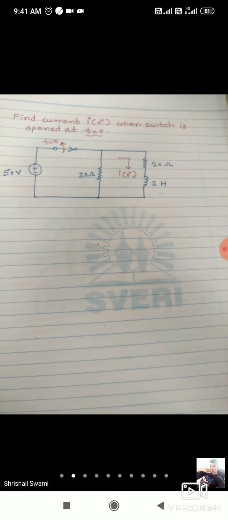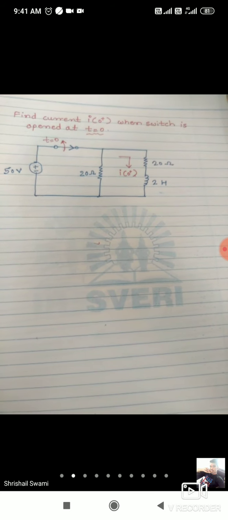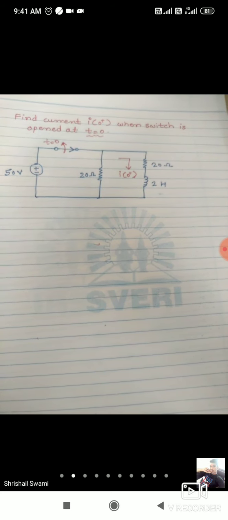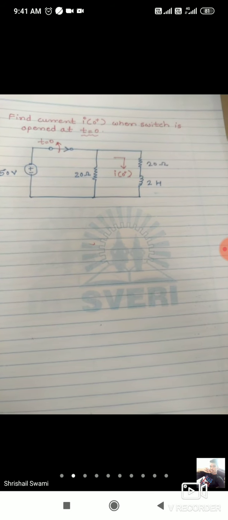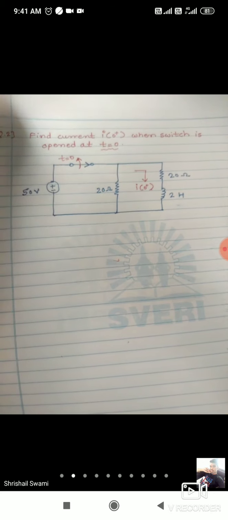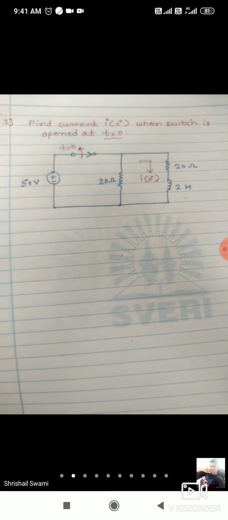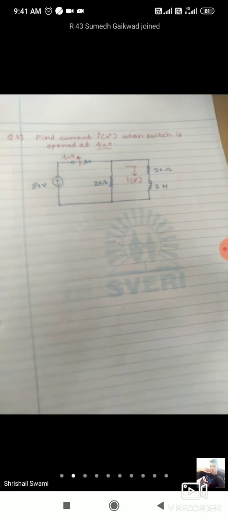So in such a problem where multiple resistors are there, how do we solve problems based on RL, RLC and RC? There are some steps for that. First of all we can understand those steps and then we will solve this type of problem. Before we solve it, we are going to understand the procedure.